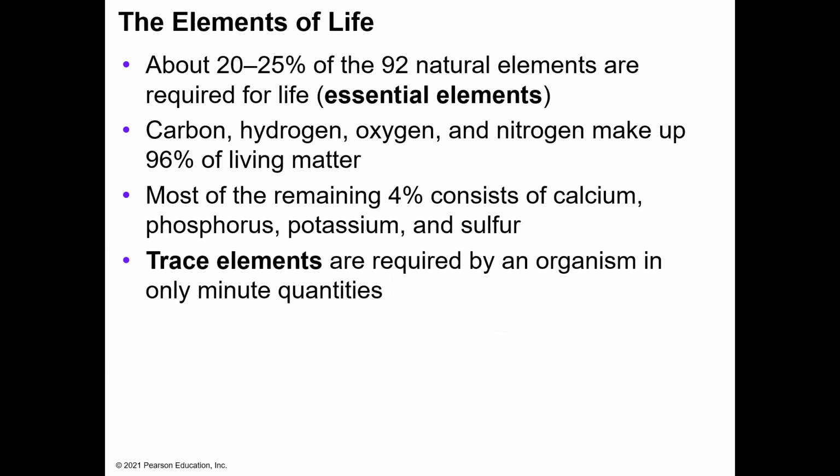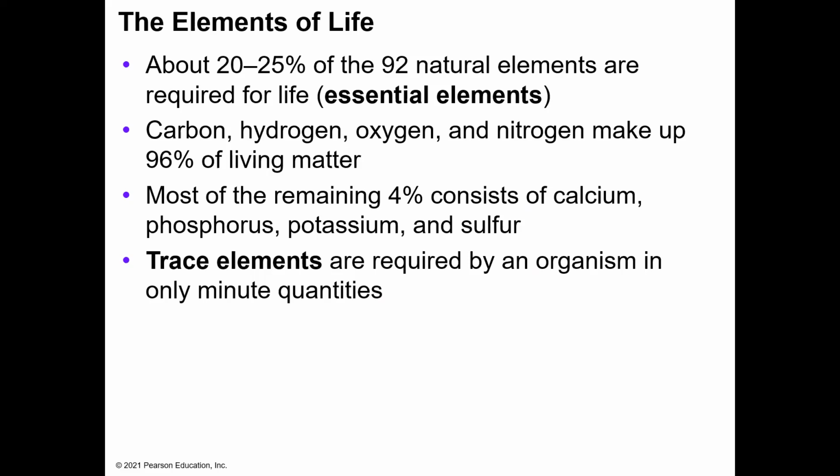So there are several elements that do compose the human body and other organisms. About 20 to 25% of the 92 natural elements are required for life and are called the essential elements. Carbon, hydrogen, oxygen, and nitrogen make up the majority of the elements that make up living matter, cells.